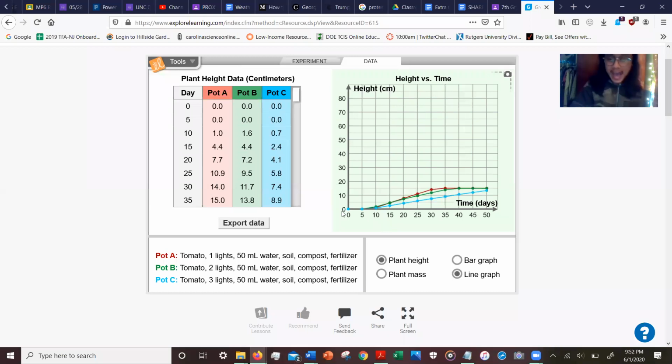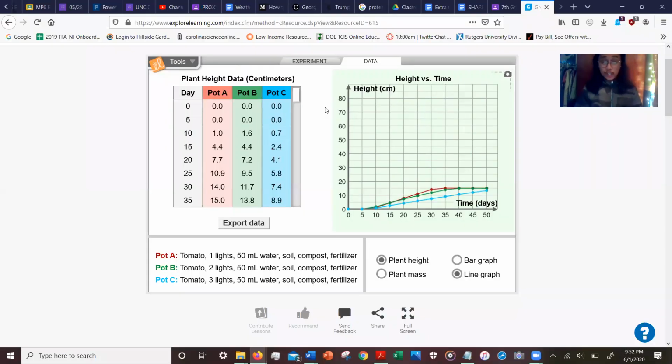On the right, that's going left and right, we have the thing called the x-axis. In this case, it is showing the independent variable, and it will always show the independent variable. It includes the different amounts of light in different colors. So pot A is red, pot B is green, pot C is blue.